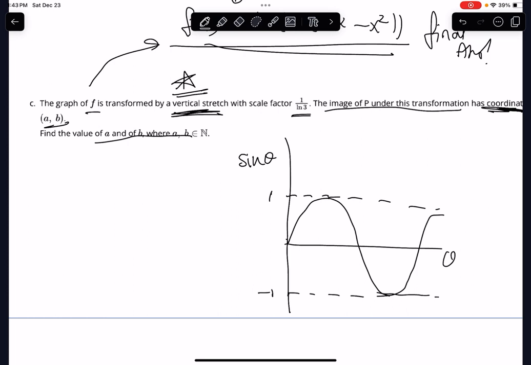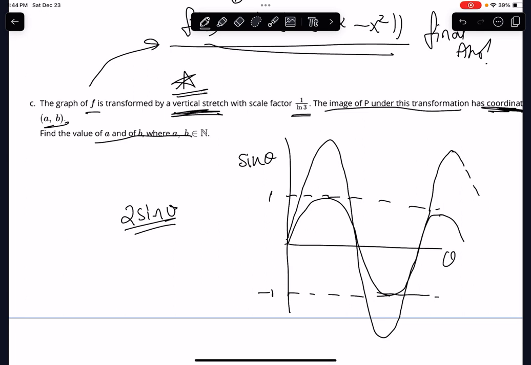Now, if I introduce a scaling factor of 2, so this is 2 sine of theta, then this is how the function is going to look.